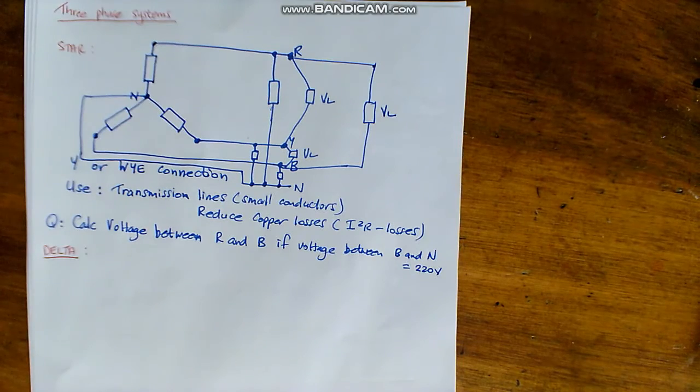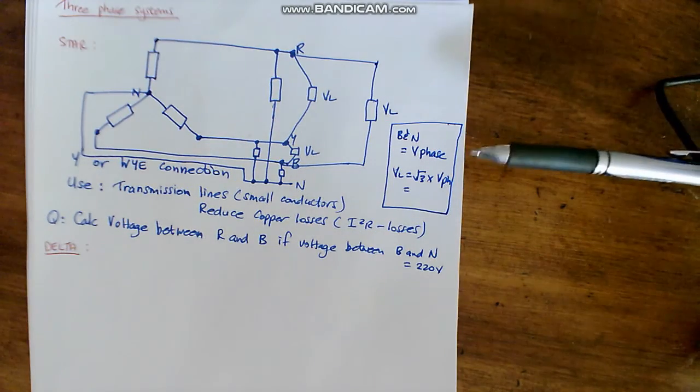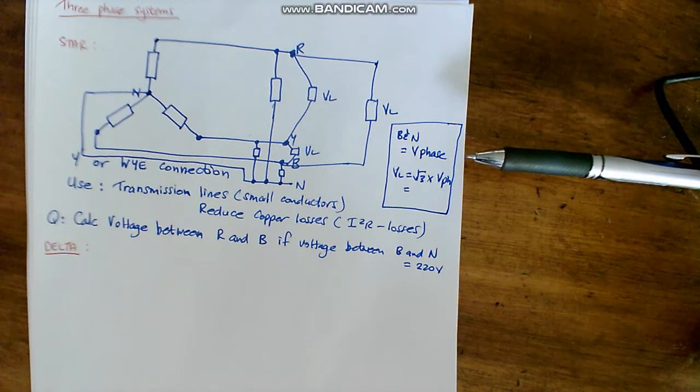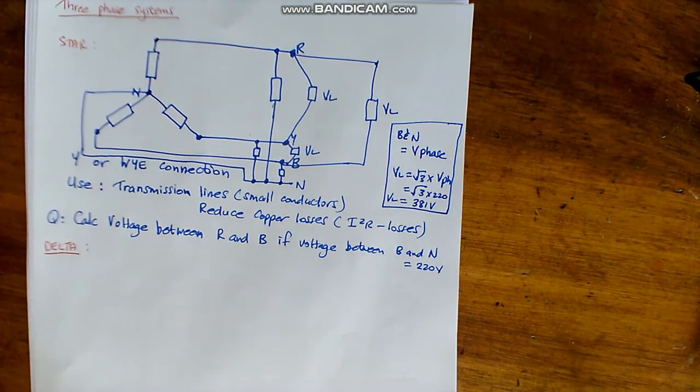So all we have to do is calculate the line voltage from the phase voltage. So V line is equal to √3 times V phase. Substitute our values, the phase voltage being 220, and we get a final answer of 381 volts will be the line voltage.